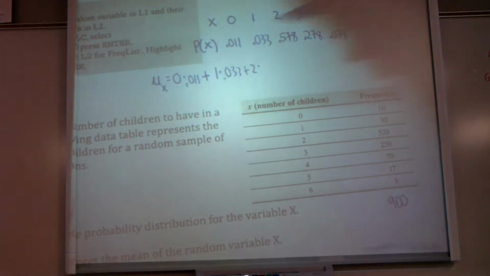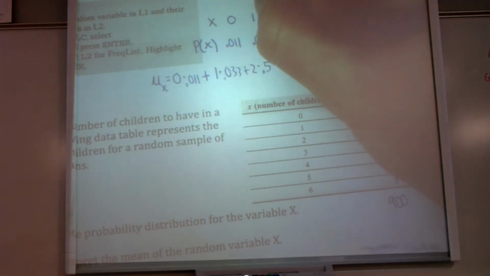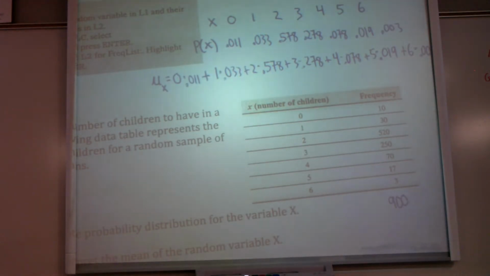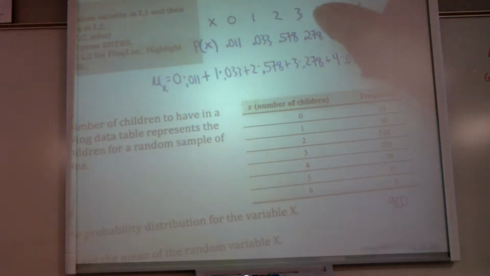So 2 would multiply with 0.578. 3 would multiply with 0.278. 4 is going to multiply with 0.078. 5 multiplies with 0.019. And lastly, 6 multiplies with 0.003. I'm going to put that in our calculator, and what we end up getting is 2.45.